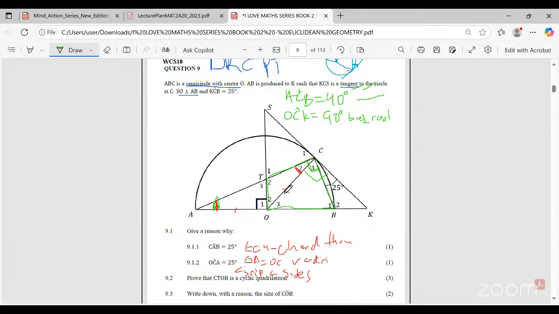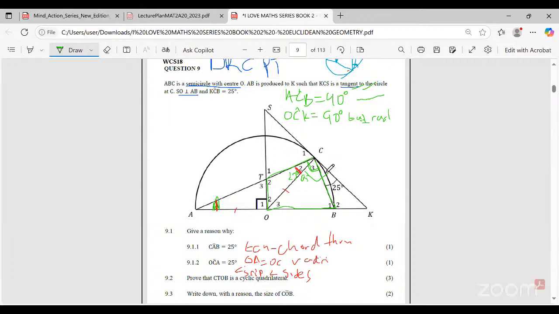We know that OCA is 25 degrees, it's given to us, and ACB is 90 degrees. I would say ACB minus OCA, which would give us 65 degrees. So you are saying this will be 65, right? Yes, sir.